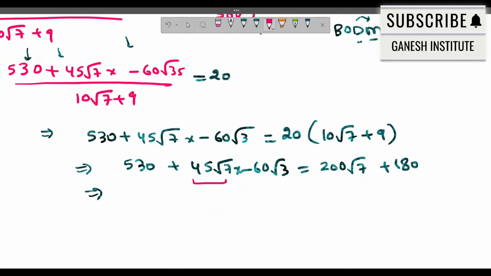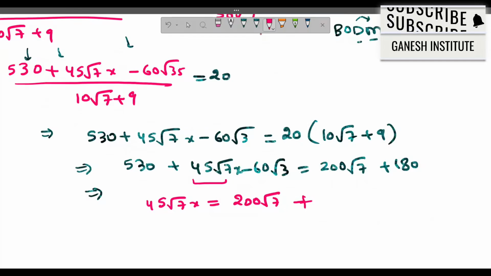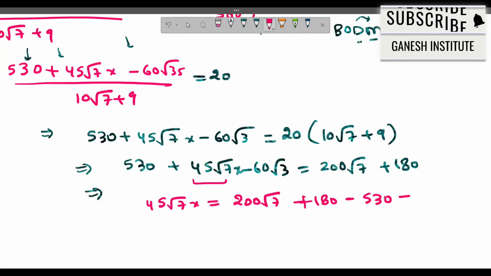So 530 would move there, and you could also move the other stuff. So that's probably the first and easiest thing to move. Yeah. Then this minus 60 root 3 will go with plus 60 root 3, right? Yes.